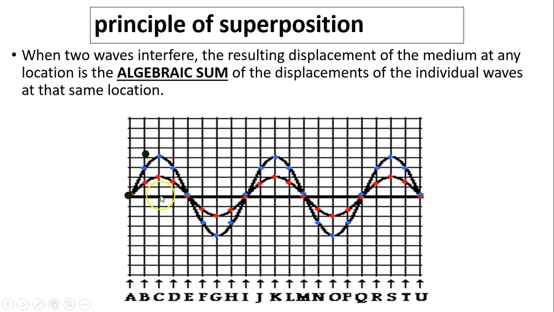And the third point, one wave has 2 amplitude, the other wave has 4, so the result is 6. And over here, again about 4.5, and this is 0. Basically, you add point by point. Then you connect the dots. Okay, so this is your resulting wave.